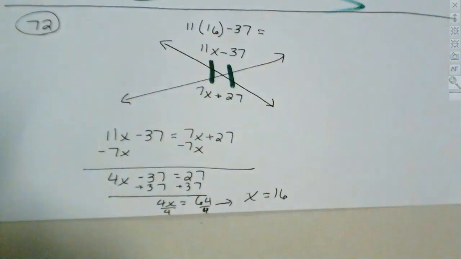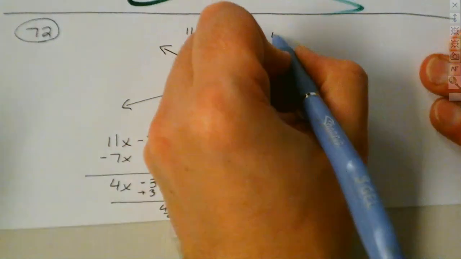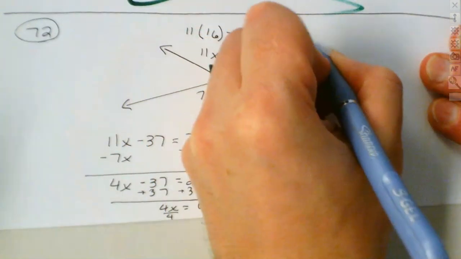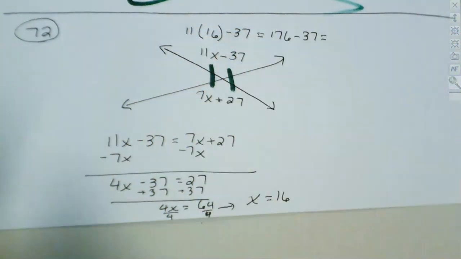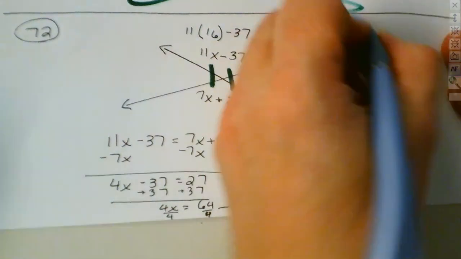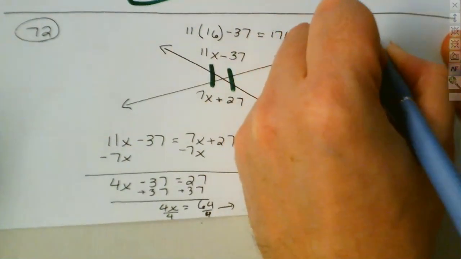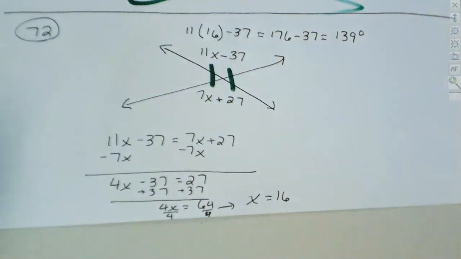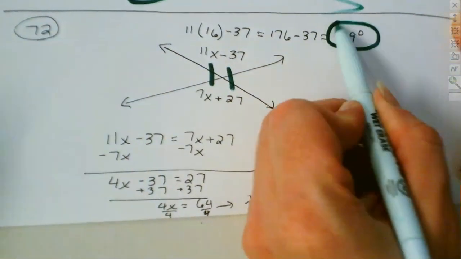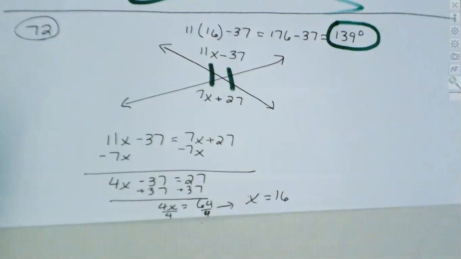11 times 16 is 176 minus 37. Well, that gives you now 139 degrees. So there's one of them. Now these are equal, so what should the other angle be? The other angle should be the same thing.